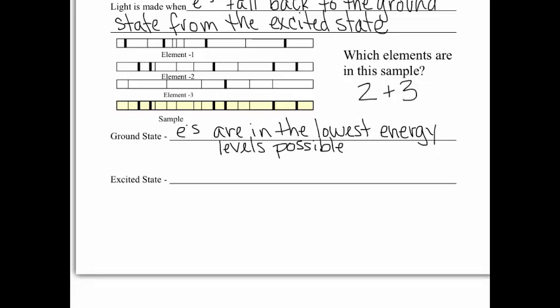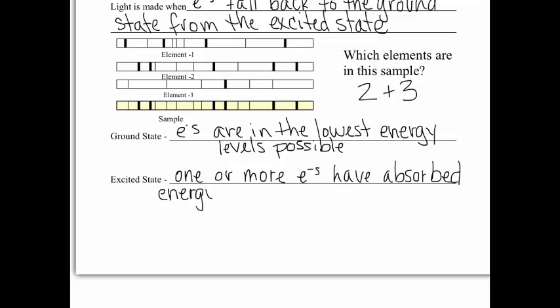And then excited state is when one or more electrons have absorbed energy, and that could be by fire or electricity, and have jumped up to a higher energy level.